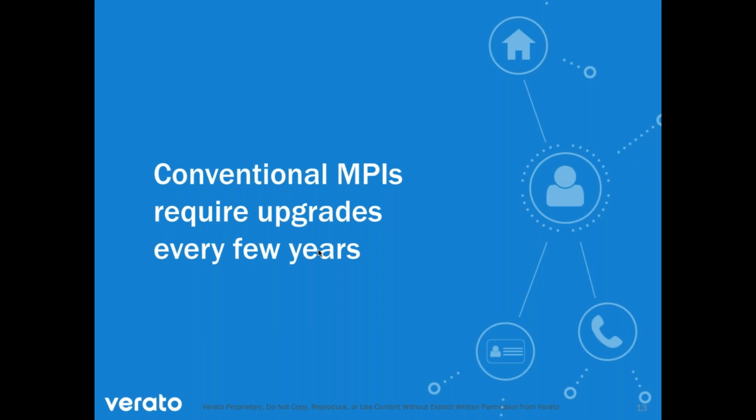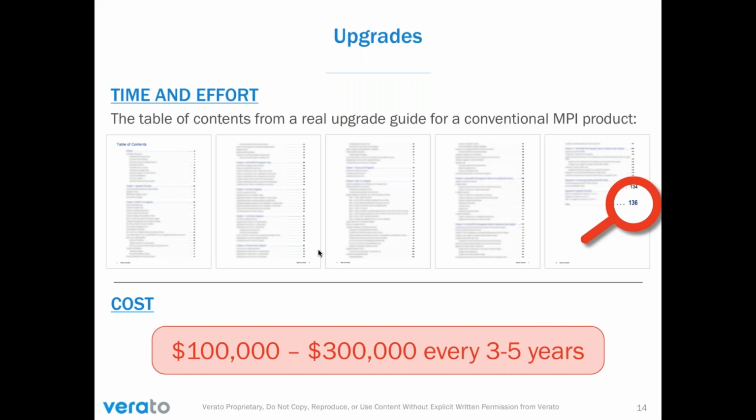So the last category that I mentioned before is this upgrade idea. Like all enterprise software, you install the software, you put it on certain hardware that you've acquired, you install prerequisites, you do all those things, and that cost is typically estimated pretty well upfront by organizations that are purchasing an MPI.